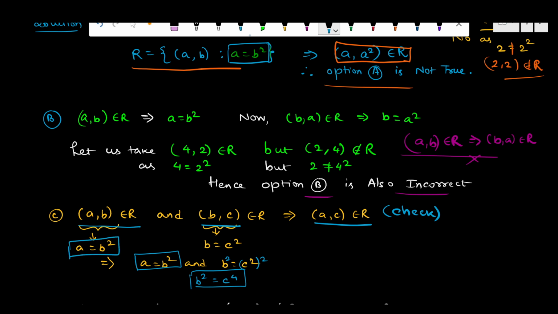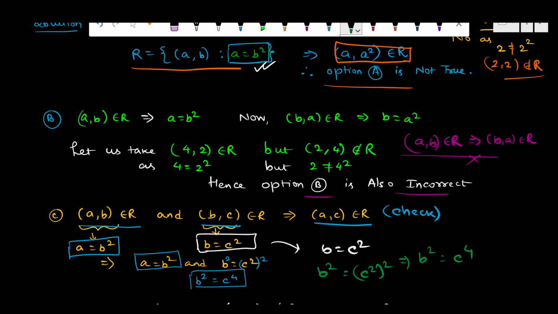And (b, c) belongs to R means b must satisfy this condition, so b equals c square. Now squaring both sides, b square is c to the power 4.